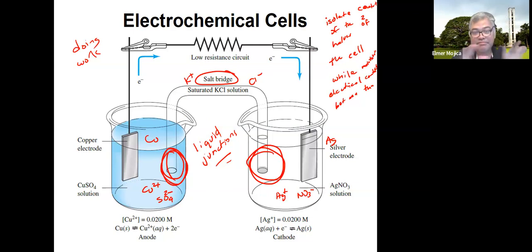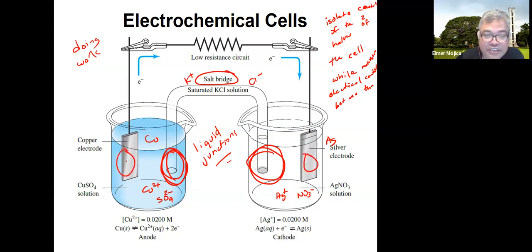Since they are charged particles, they all participate in the flow of the charge. That's the second conduction. The first one is the electron from copper going here. The second one is the flow of charges from the ions once they form a solution. Now, the third one is the one that occurs at the surface.